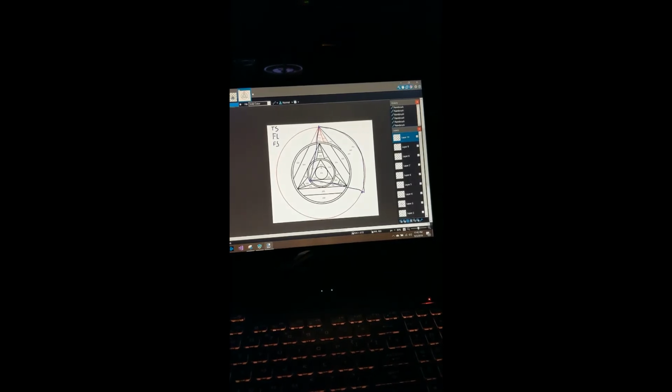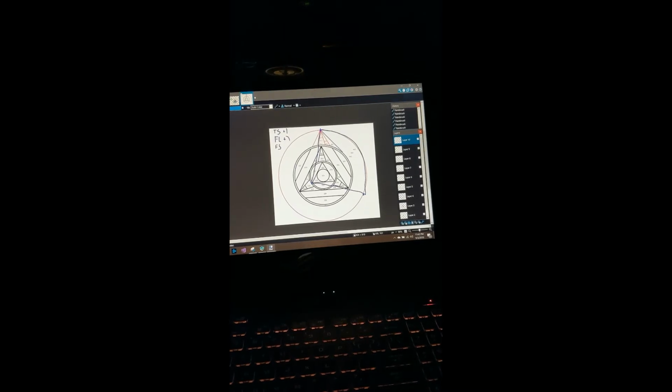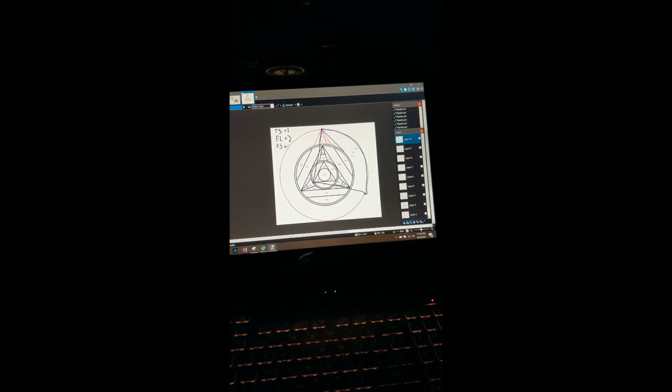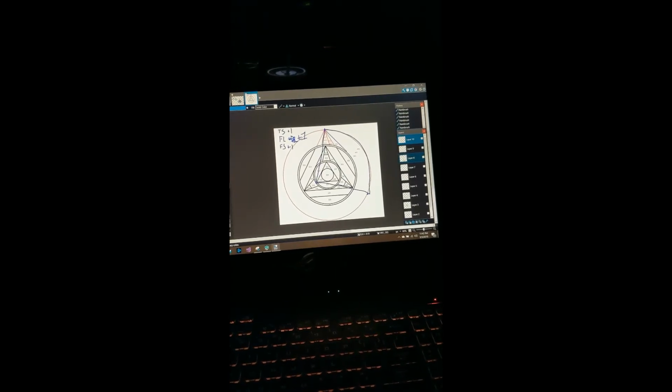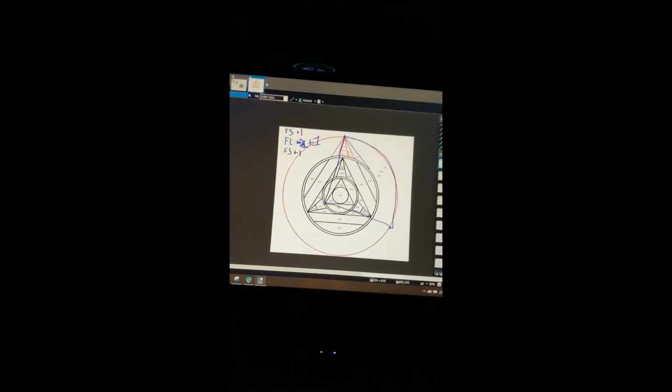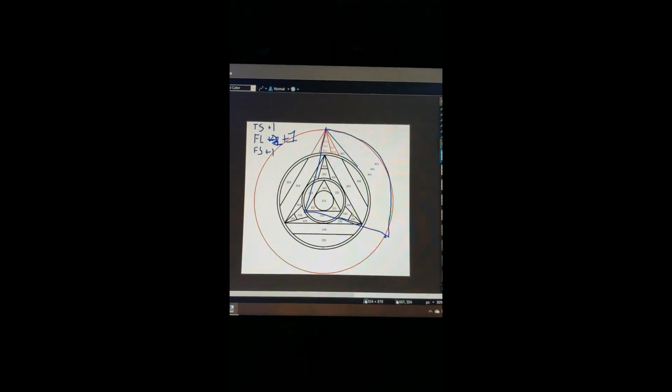Every time you go up a level, you add one section to the triangle, you add one layer of flanks, and you add one layer to the flat section. Oh man, I did this wrong. Plus 1.